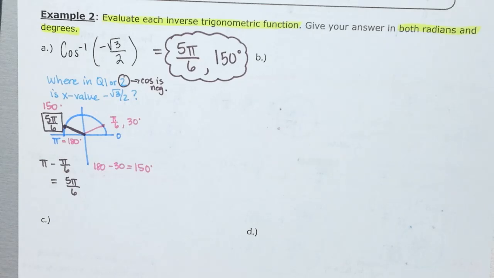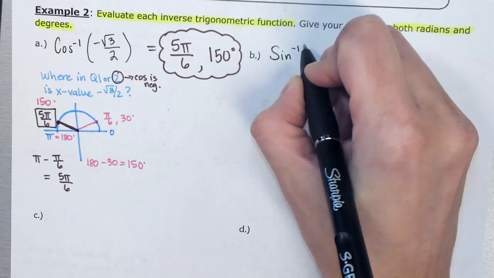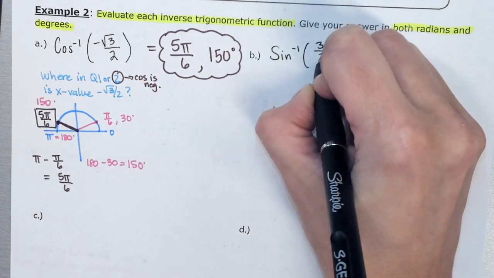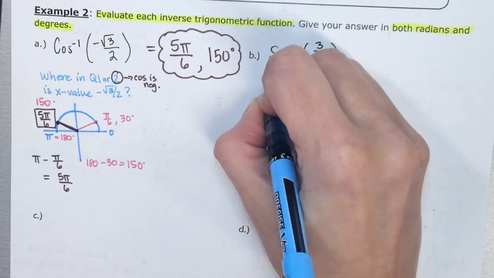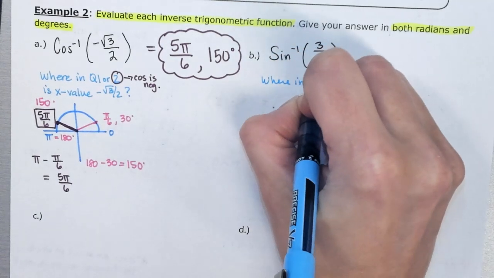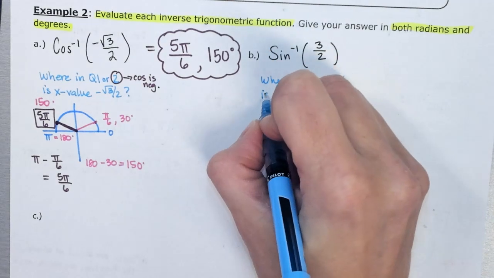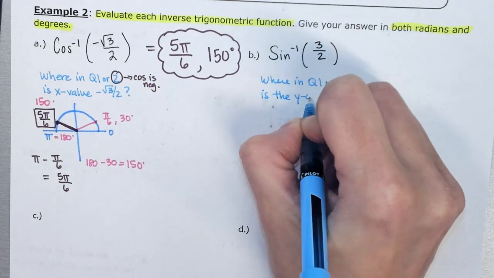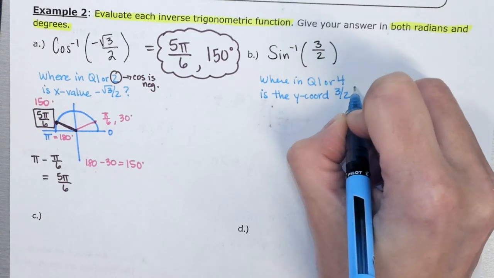For part B, we're going to find the inverse sine of 3 over 2. The question this is asking you is where in Q1 or 4 is, this time it's the y coordinate because it's sine, 3 over 2.